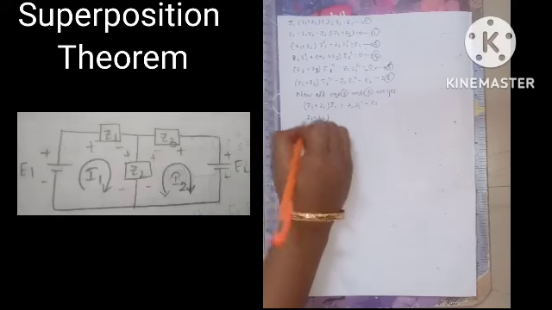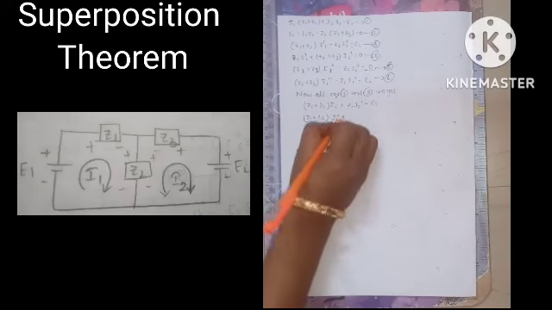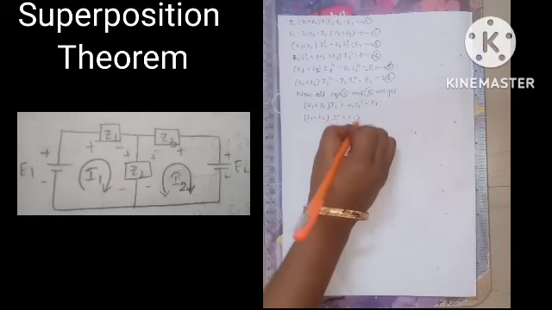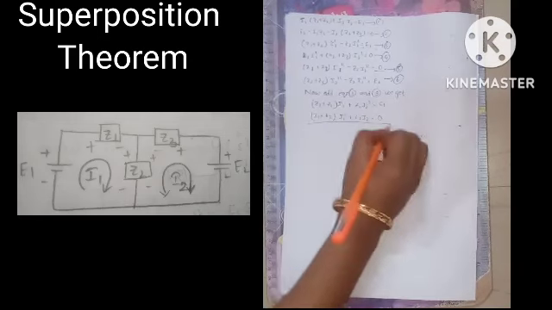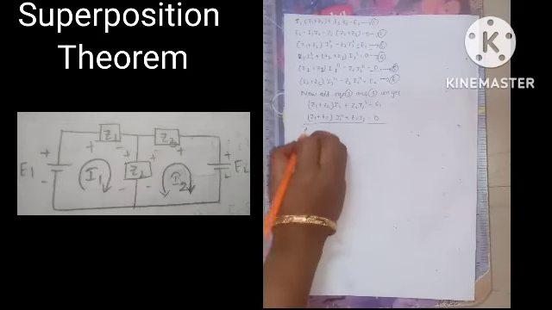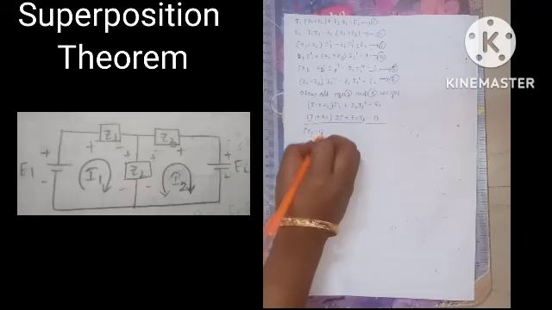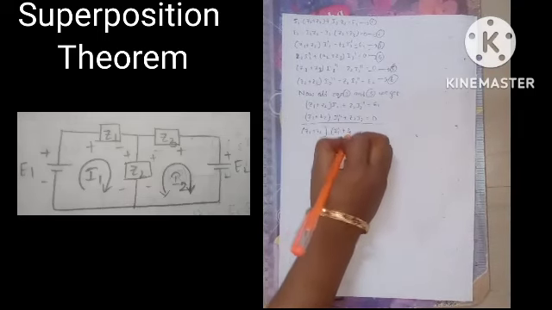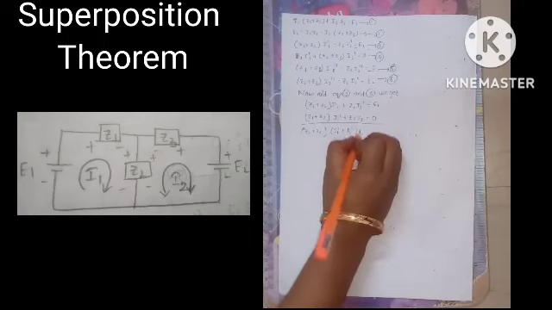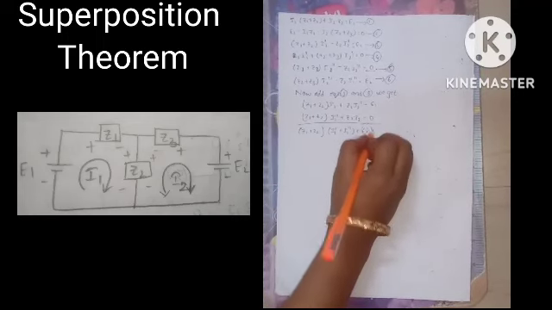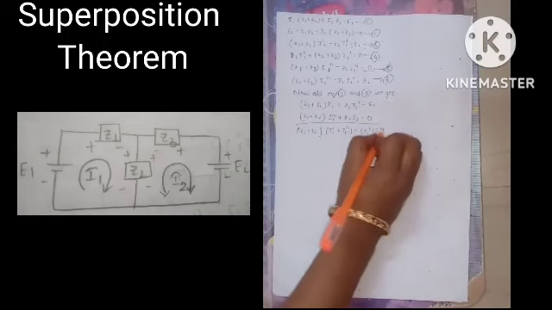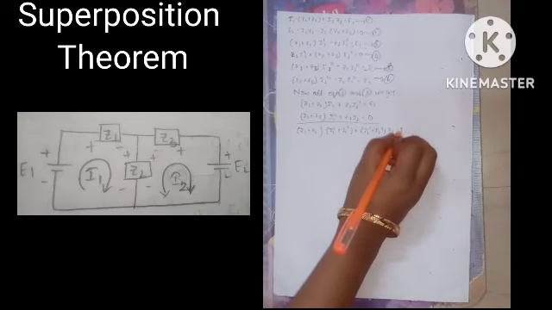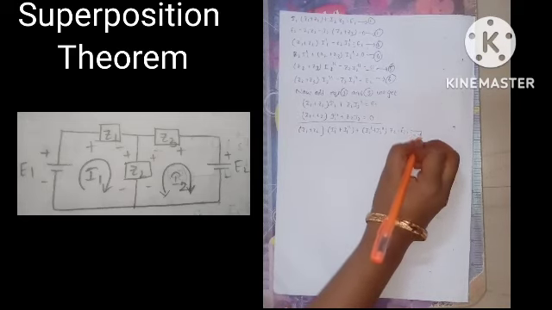(Z1 plus Z2) I1 double dash plus Z2 I2 double dash is equal to 0. Adding these, (Z1 plus Z2)(I1 dash plus I1 double dash) plus (I2 dash plus I2 double dash) Z2 is equal to E1. This is equation 7.